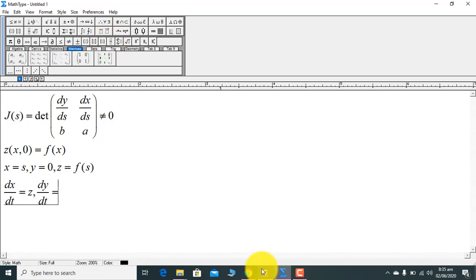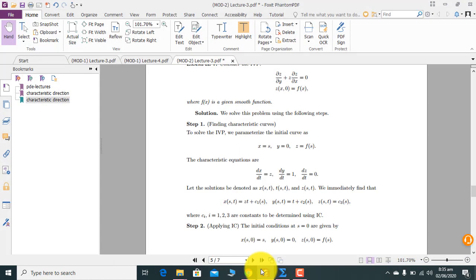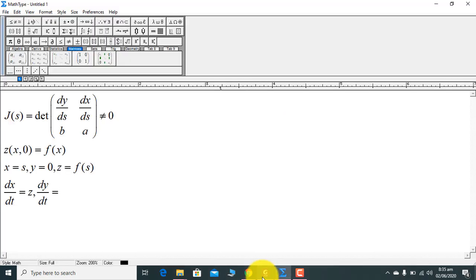What is b? Just focus on the coefficient of partial z over partial y in the equation. Partial z over partial y has a coefficient 1, so dy by dt will be 1. And lastly, dz by dt will be c, and c is not present on the right hand side, so that will be 0.